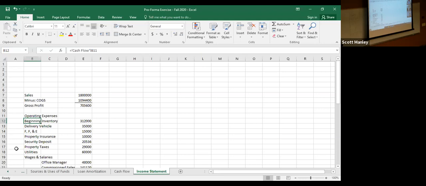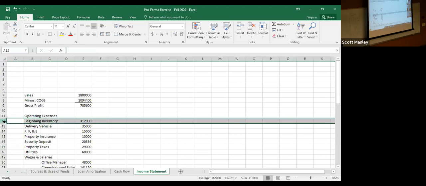312,000 when I'm open. How much inventory do I have on day 365? I've got 312,000, right? What I'm doing is reordering every time I sell something, so my beginning inventory never goes up or down. It's always the same. Beginning inventory doesn't show up on your income statement. Oh yeah, delivery vehicle, that doesn't show up.